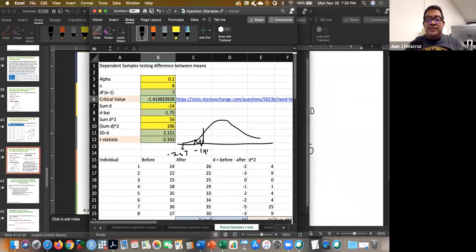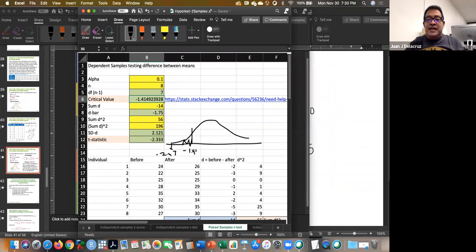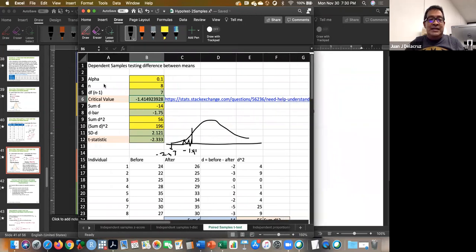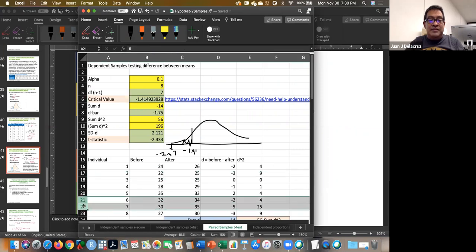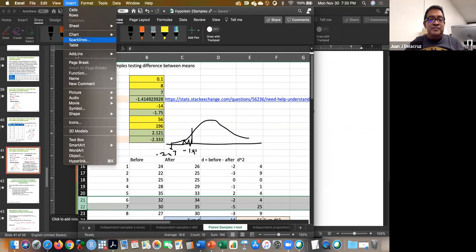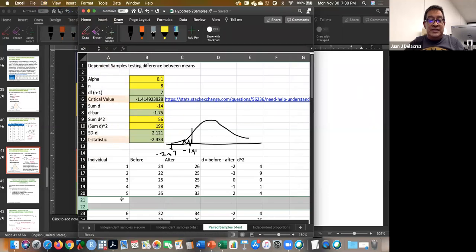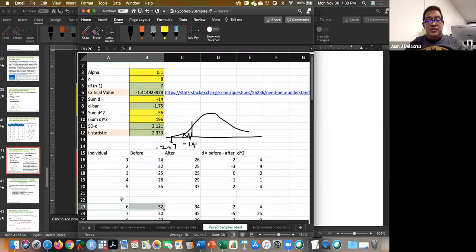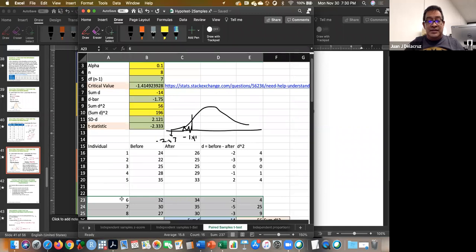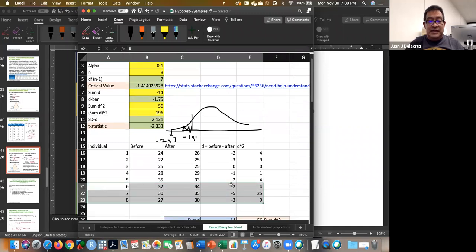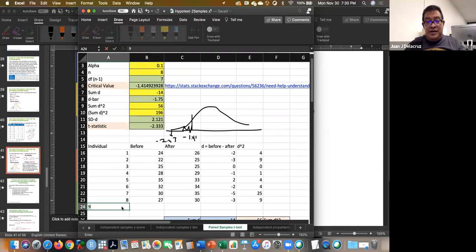What I can do here, for example, is say that I have a sample of 10. Instead of having 8 athletes, we have 10, right? So I'm going to insert two more cells. Let's say this is observation 6, 7, and 8, and then patient number 9 and person number 10.